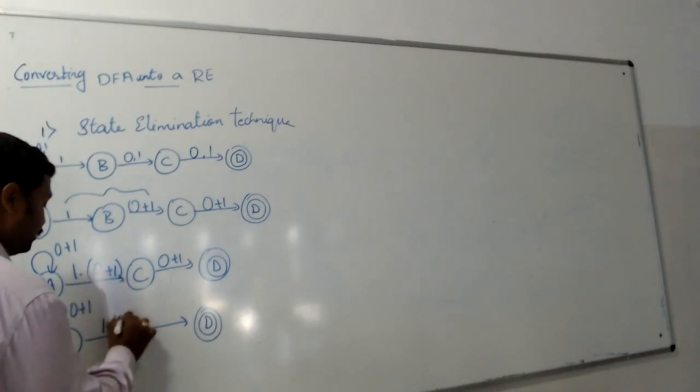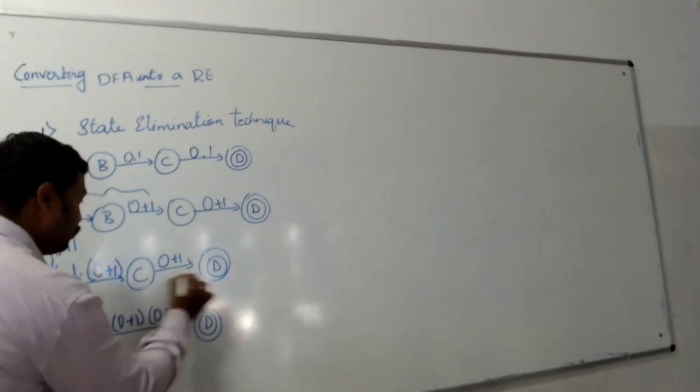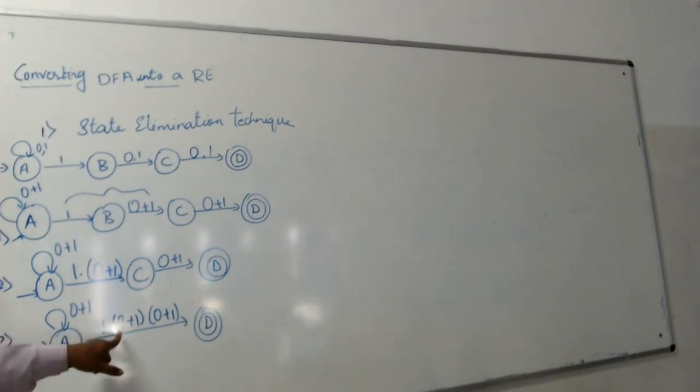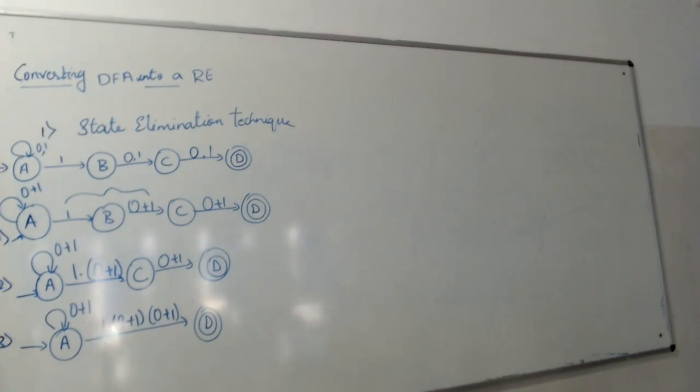So 1, 0 or 1, again it is 0 or 1. So it directly moves on to D. A upon 0 or 1 remains in A upon 1, and 0 or 1 and 0 or 1 moves to D, which is a final state.